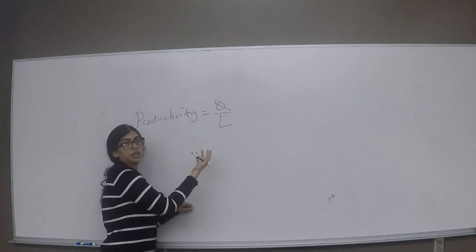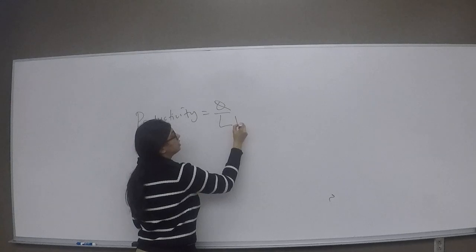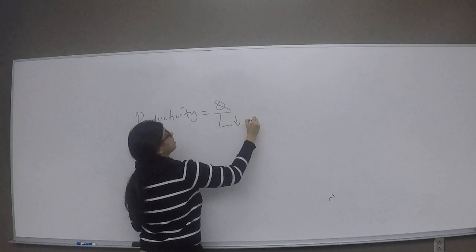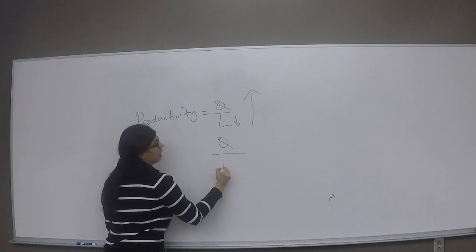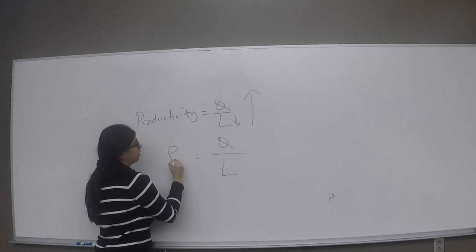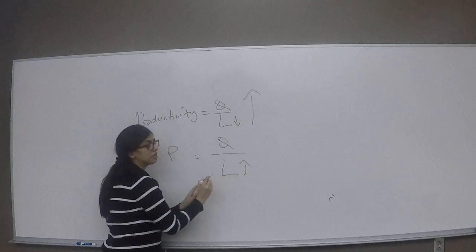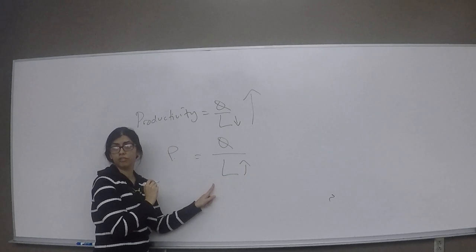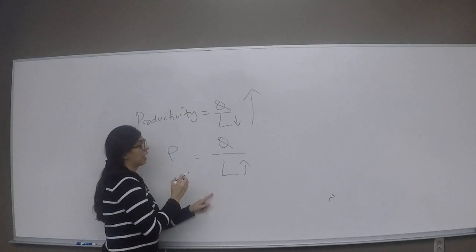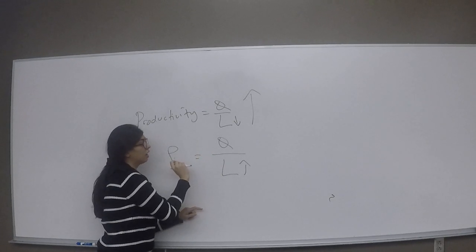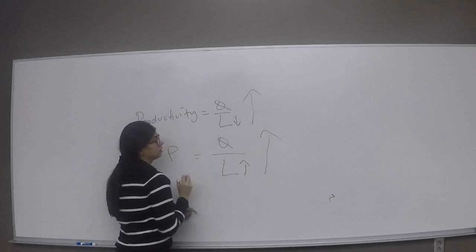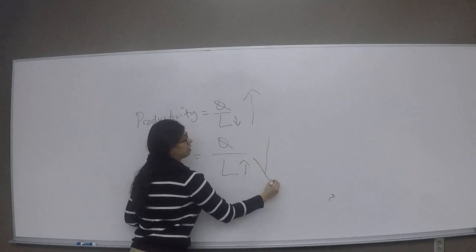This is a fraction. If you decrease this, productivity will increase. If you increase the denominator, or number of laborers, and keep Q constant, then productivity will decrease.